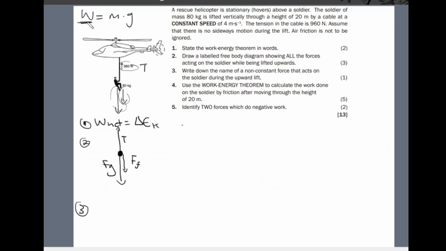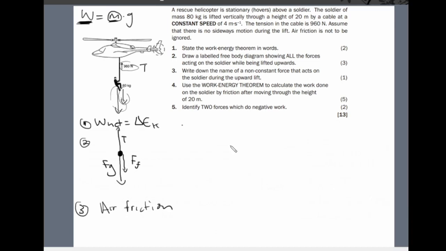So the weight of the soldier depends on the mass. If the mass of the soldier is constant throughout, it means the weight won't change, meaning the force of gravity won't change. Which leaves us with air friction. So the force which won't be constant is air friction.